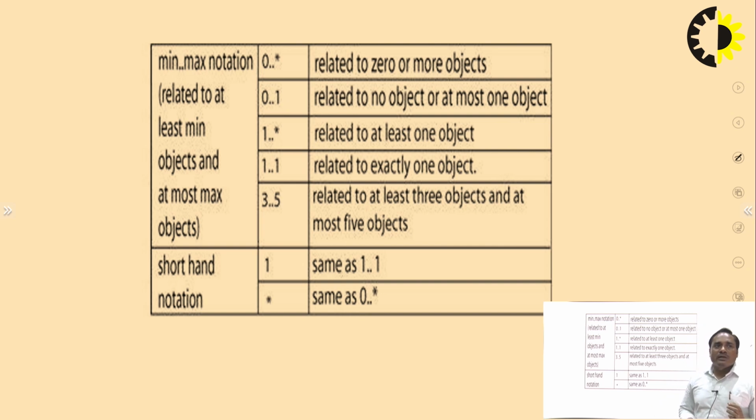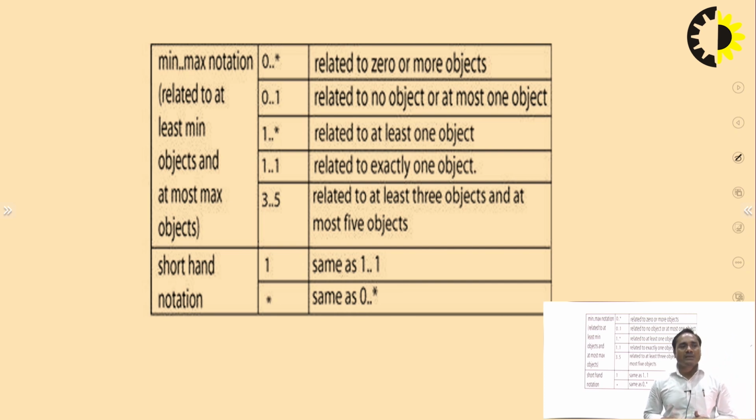0..* relates to 0 or more objects. 0..1 relates to no object or at most one object. 1..* relates to at least one object, and 1..1 relates to exactly one object. 3..5 relates to at least 3 objects and at most 5 objects, so 3 or a maximum of 5 objects. 1 is the same as 1..1, it means one relation, and * is the same as 0..*.